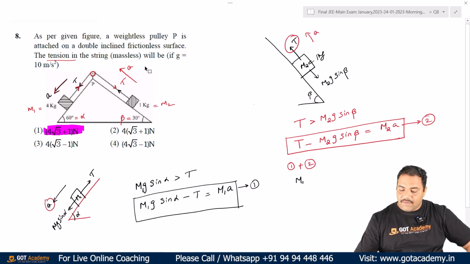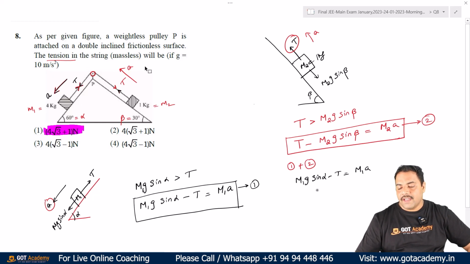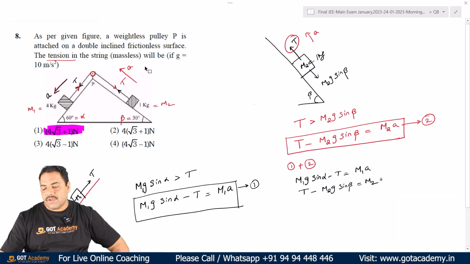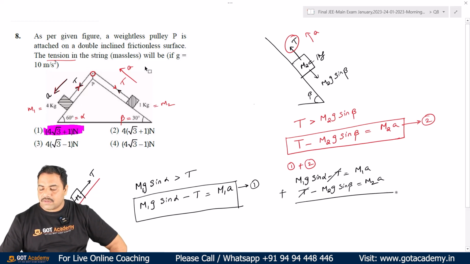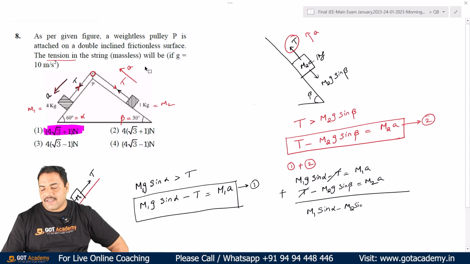Equation 1 is M1g sine alpha minus T equals M1a. The second equation is T minus M2g sine beta equals M2a. By adding, the T will go away. The remaining part is M1, here g is common, so M1 sine alpha minus M2 sine beta, the common factor is g, equals M1 plus M2 into a.